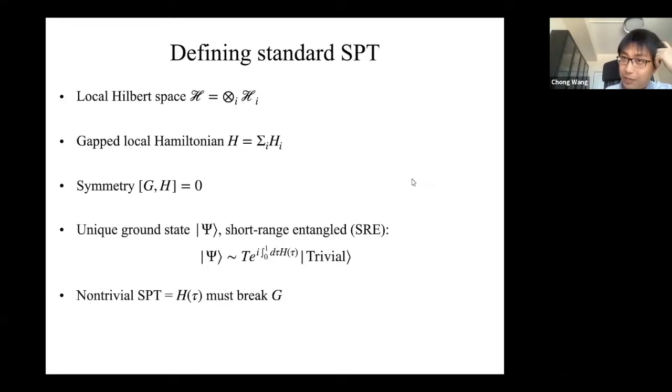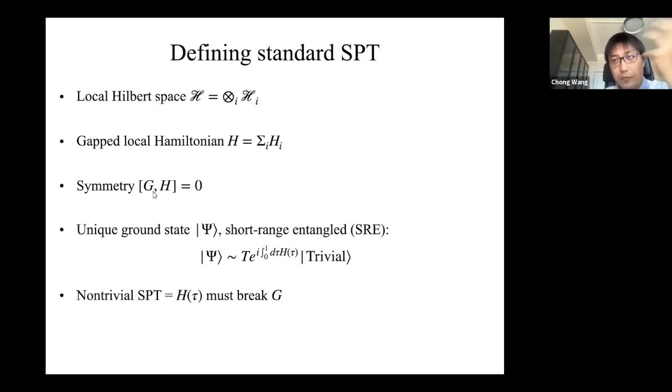So let me first remind you how we define the usual SPT in the conventional setting. So we think about a local Hilbert space, and then we consider gapped local Hamiltonians, right? And then there is a symmetry, SPT, the S refers to symmetry. So I have a symmetry that commutes with the Hamiltonian. Right? Standard story.